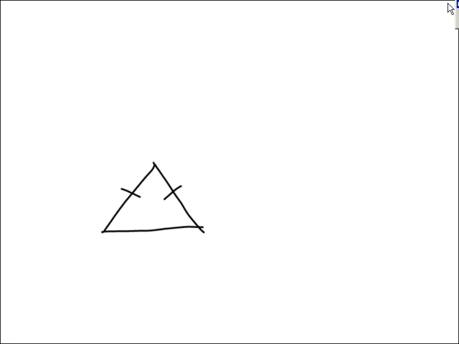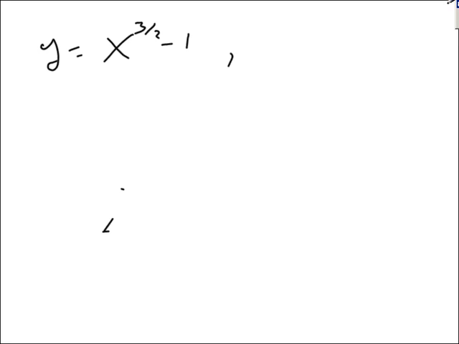Let's try one more. I'll give you the function, and I'll give you the interval. y equals x to the 3 halves minus 1. And we want to find the arc length of that from 0 to 4.